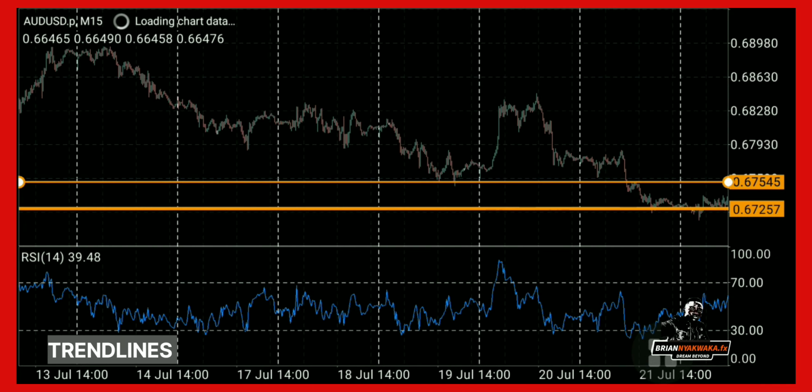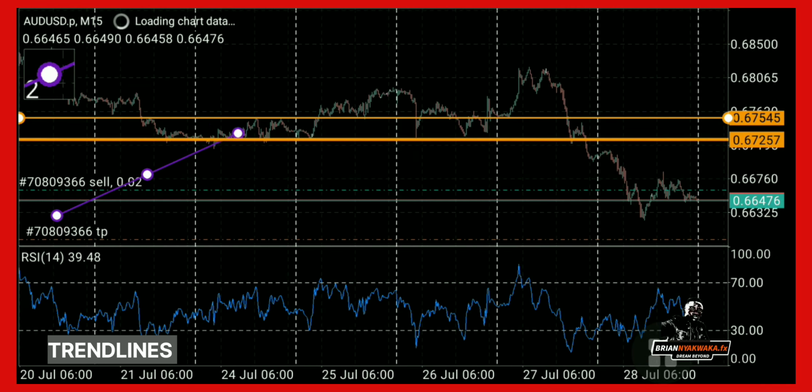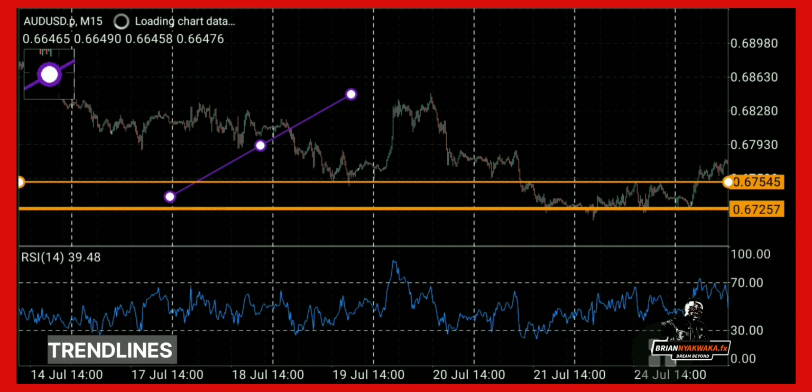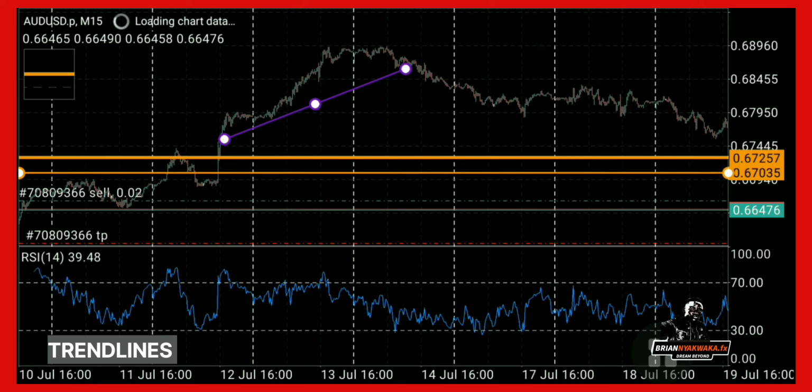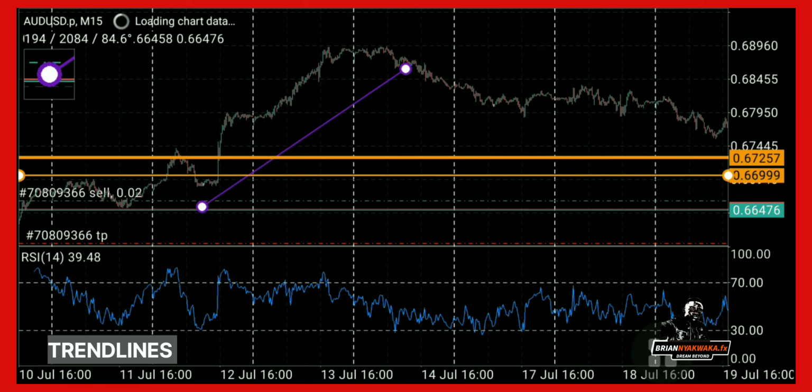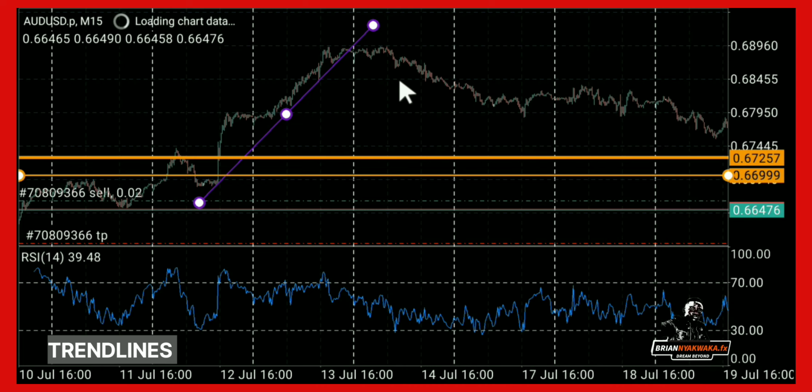We take our trend line all the way up to that point. Sorry, I'm using MetaTrader 4 on a mobile phone, so just bear with me. When you want to draw a trend line, you draw it below easily identifiable support areas. As you can see on the chart, we have this zone, this zone, this zone, and this zone.